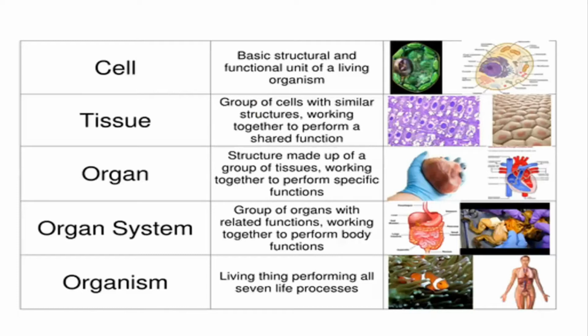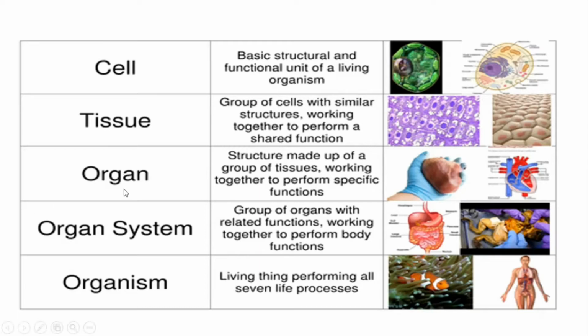So now let's go through the organization. First we have the cell, as I said, the smallest unit of all living organisms. And then we have the tissue. A tissue is a group of cells that are located in a similar place with a similar function. They're like each other, and they provide the same function.